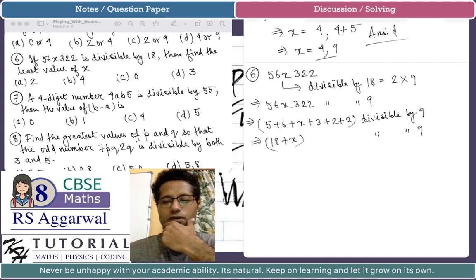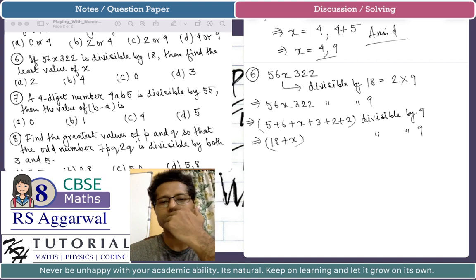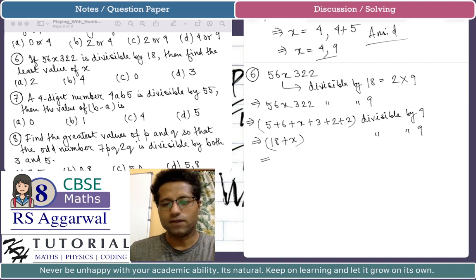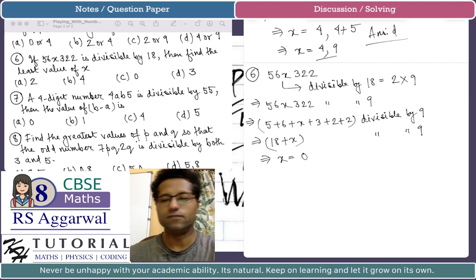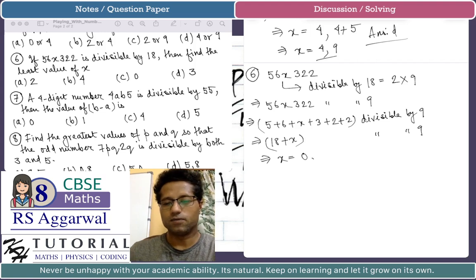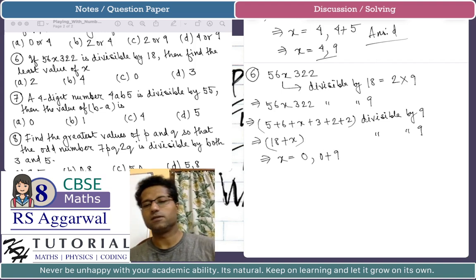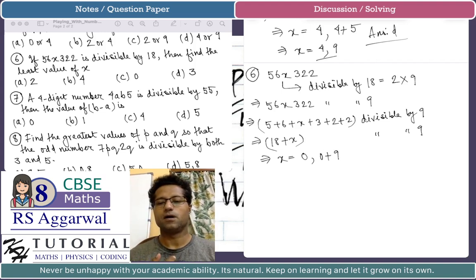What else can the value of x be? x can be 9, because 0 plus 9 gives 18 plus 9, which is 27, which is also divisible by 9.